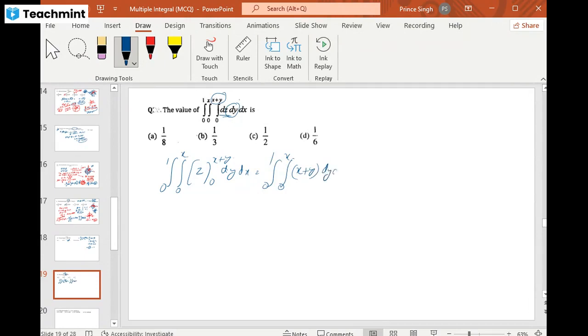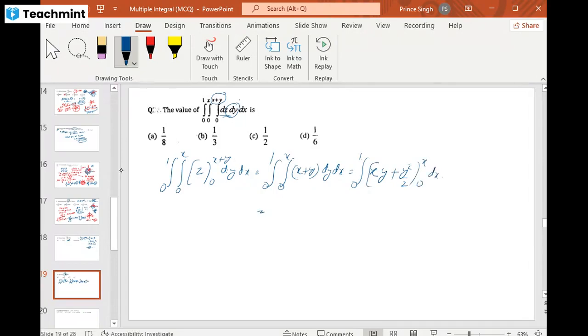So dy dx. So now we integrate with respect to y. When we integrate with respect to y, then x is treated as a constant. So the integral of x is y, with the constant taken outside, and the integral of y is y square by 2, with the limit 0 to x, dx.